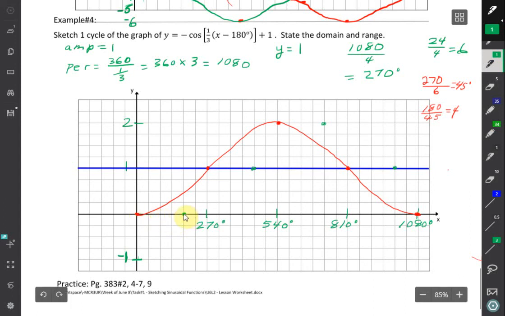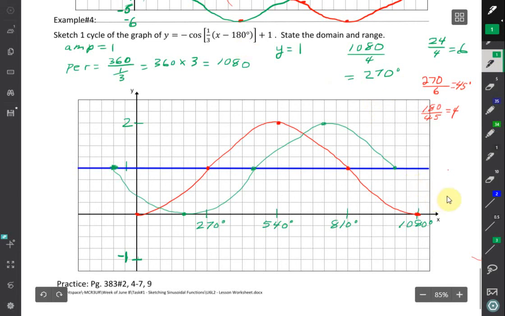So it's at its minimum. And so if I go 1, 2, 3, 4, 5, 6, it will be back to the axis. So what we have is this curve here. And so this is the sketch of this graph now.